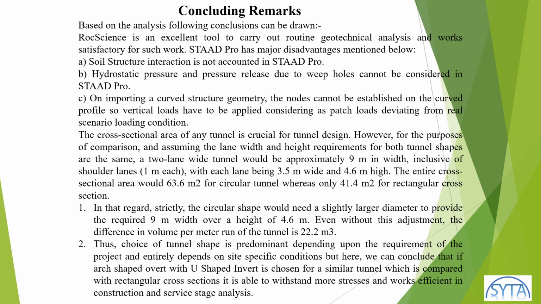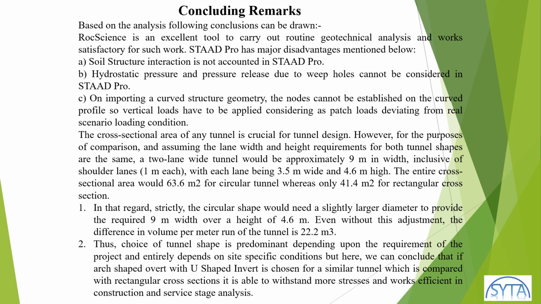Also, the heavier sections are optimized in the case of the arc-shaped tunnel, as the section in the rectangular tunnel, which comes to 600 mm for the base slab and the walls, is optimized to around 200 to 300 mm with 12 mm diameter bars at the overt and the invert portion.